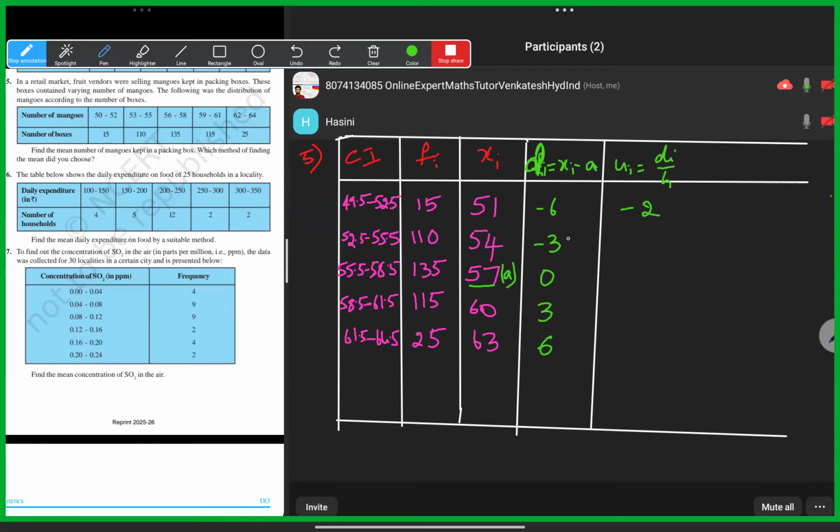We'll continue solving like that for every value of DI. 0 by 3 is 0; 0 by anything is 0. Then 3 by 3 is 1. 6 by 3 is 2. Yes, that is correct.